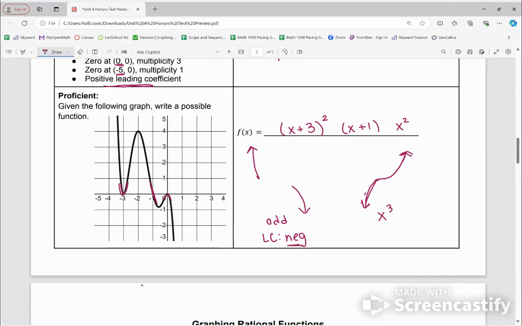So the negative side goes up to positive infinity, and the positive side goes down to negative infinity. Anyways, you should be able to recognize that. Okay, so we need a negative leading coefficient. We only have positives so far, so all I'm going to do is stick a negative out front. And again, you could put any negative number, but you can also just put a negative.